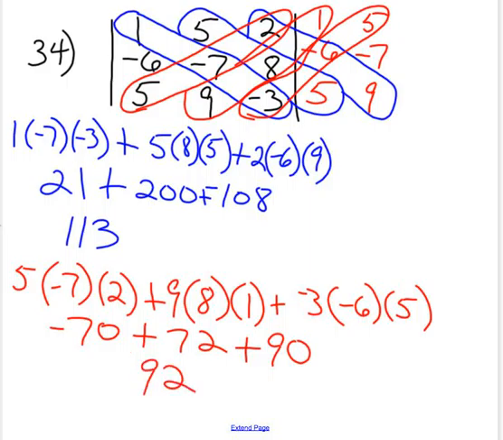What I now do is I take all the blue diagonals, which gave me a total of 113, and I subtract from that the sum of my upward diagonals, the red, the 92. And over here, I'm going to put it in black. When I take all the downward diagonals and I subtract all the upward diagonals, I will get my determinant of 21.